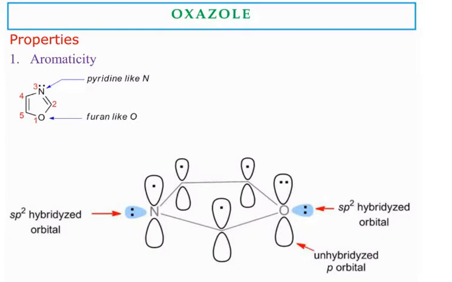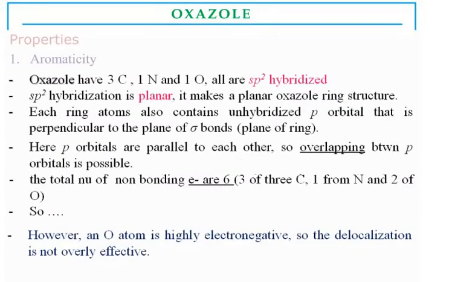Now look at here. You can see unhybridized p orbital, sp2 hybridized orbital of Oxazole. So Oxazole is aromatic or not aromatic?